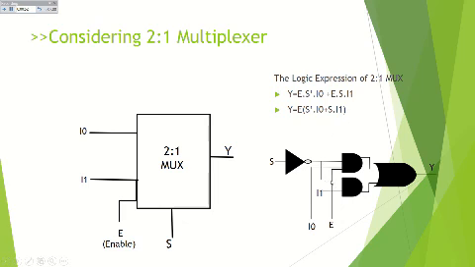So at the end, these 2 AND gates are joined together with the help of the OR gate, which is here, bringing out the expression of this whole thing. So our Y here is this. Please take note of this diagram.